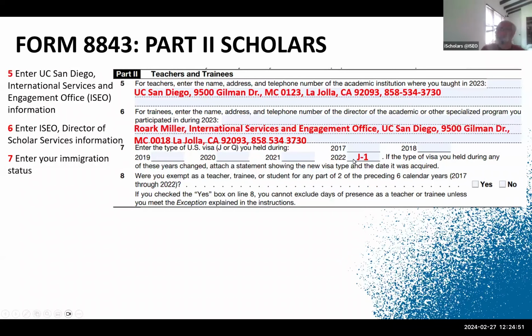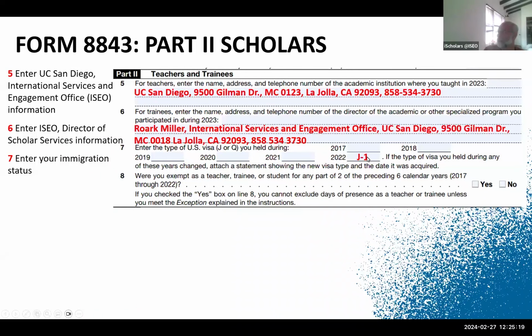So then you've indicated how many of these look back years you were present in J status. And then you answer the question, were you exempt as a teacher, trainee, or student for any part of 2 of the preceding 6 calendar years? So this is getting at that exemption, the exempt individual status, and the substantial presence test.